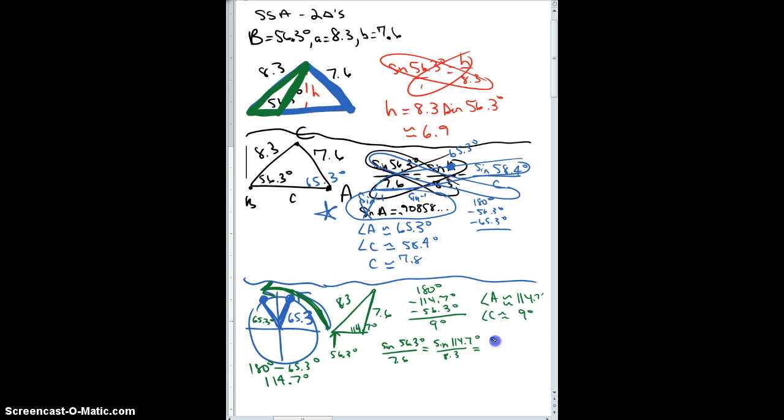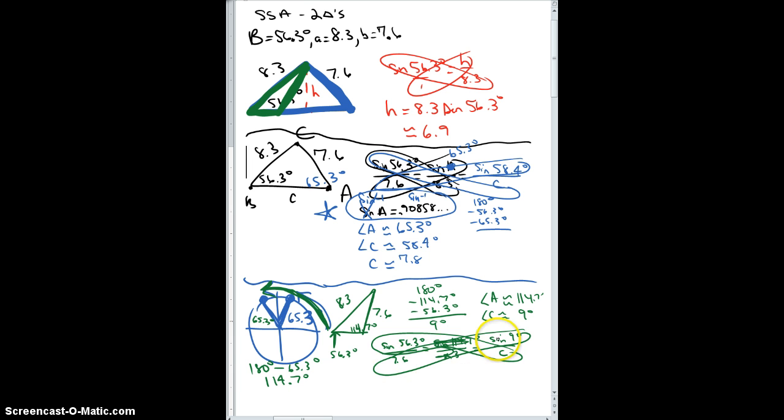And then we have sine of the 9-degree angle all over C. Now again, you could cross multiply using those, but I tend to go with my original angles, but it really doesn't matter, so you can do whatever you want. But I would probably do those two, and skip this little thing.